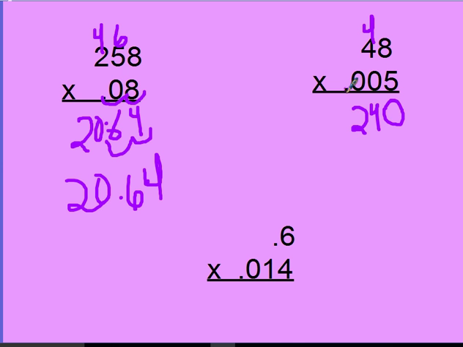And how many times did I have to move it to get it out of there? 3 place values. I've got to make sure I'm in the thousandths place value. So it's 240 thousandths.